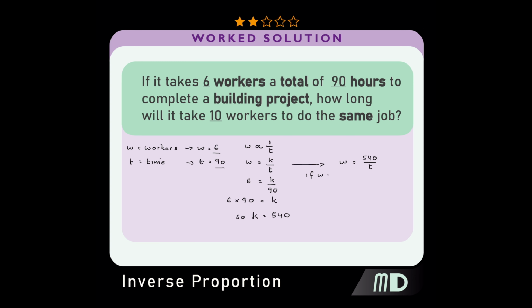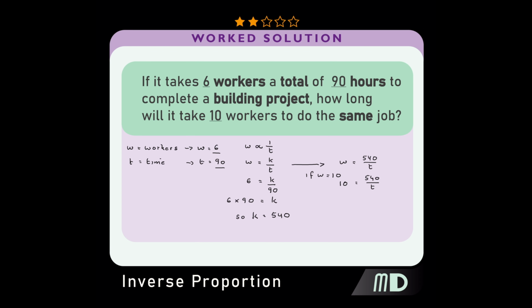The question asks us to find how long it would take 10 workers to do the same job. So, if W is equal to 10, our equation becomes 10 equal to 540 divided by T. To solve this equation and find the value of T, we need to isolate T. And we can do that in 2 steps.